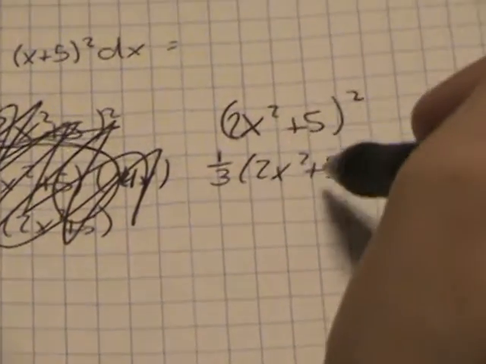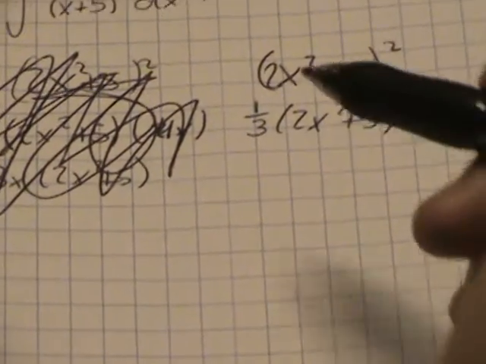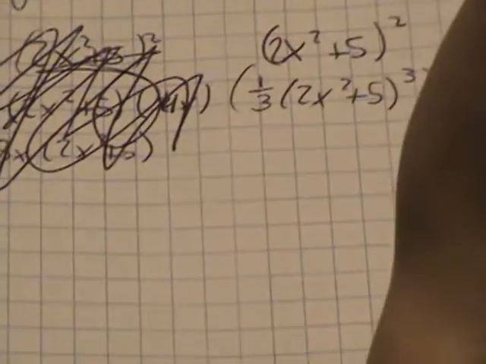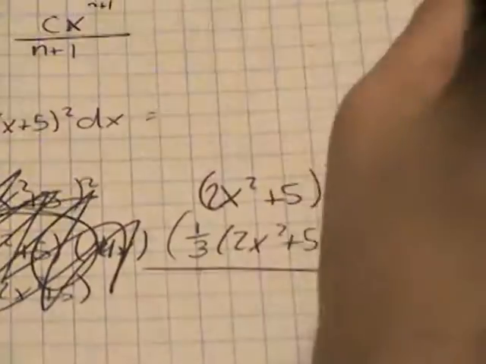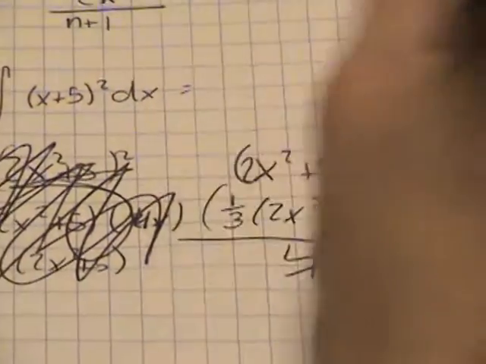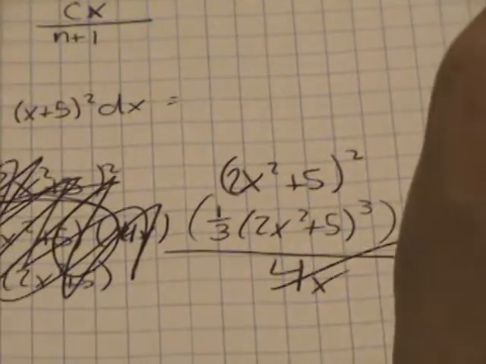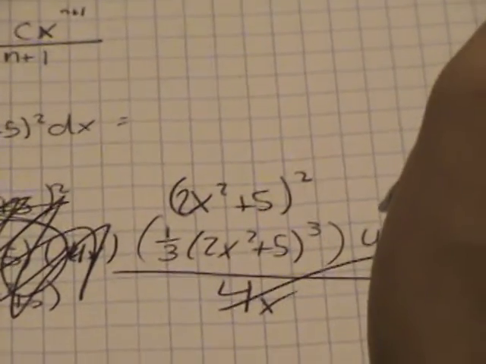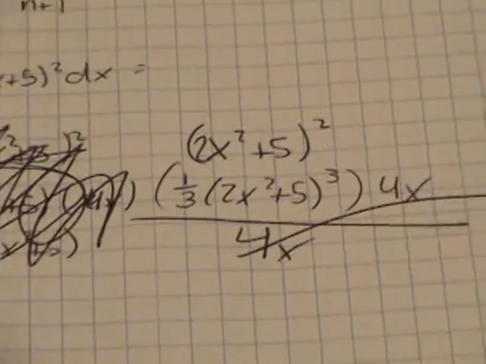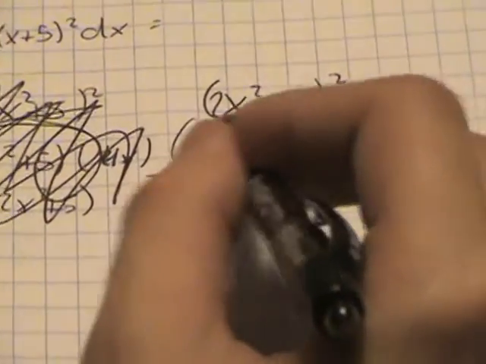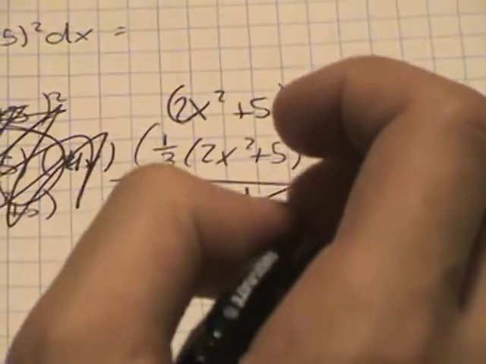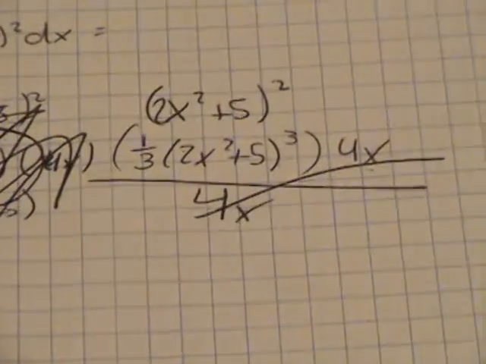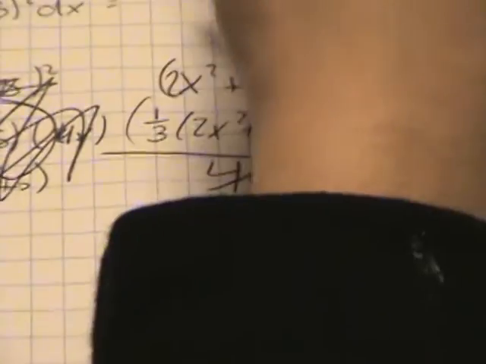But when you take the derivative of this, you still have to take the derivative inside, so you're going to have to multiply all of this by the inside of that, which is going to become 4x. So you know this whole thing is going to be over 4x, because then these are going to cancel out, and this is going to take care of that. So a good way to take care of it is to do the power rule with a thing like this, with a chain, and then take the inside and figure out what you're going to have to cross out and what's going to be on the bottom.